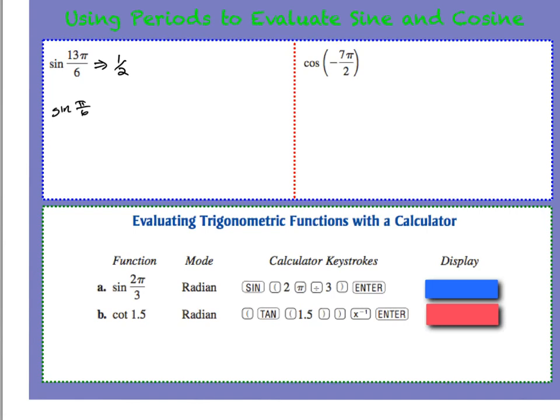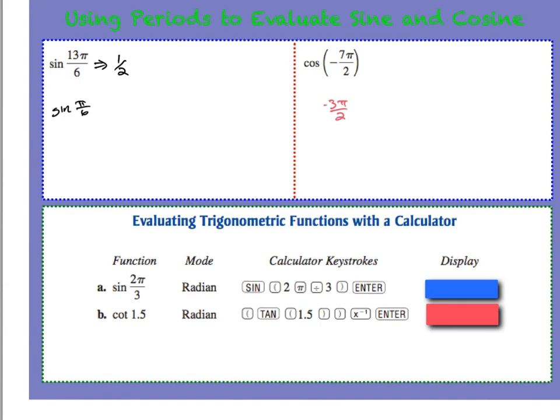So now I have cosine of negative 7 pi over 2. Is negative 7 pi over 2 on my unit circle? No. So I need to use the period. So what do I need to do? I add 2 pi, and what do I get? I get negative 3 pi over 2. Is negative 3 pi over 2 on my unit circle?